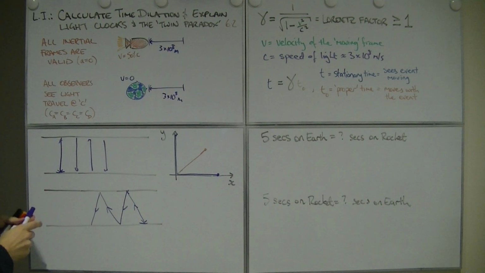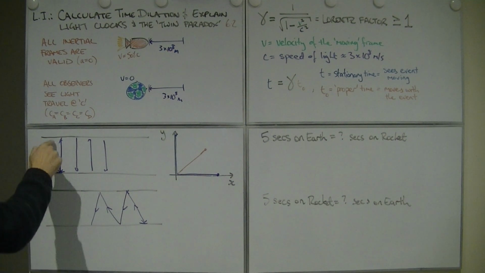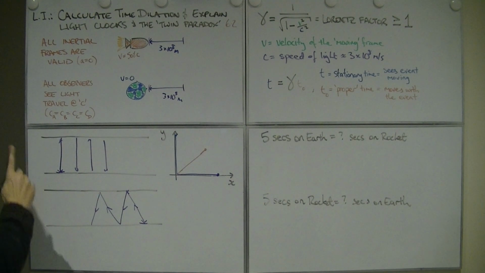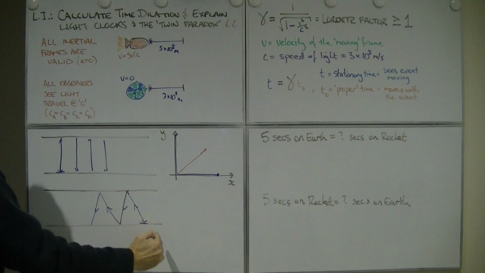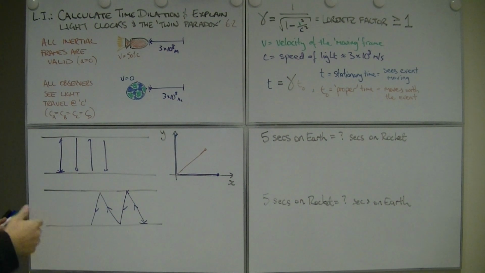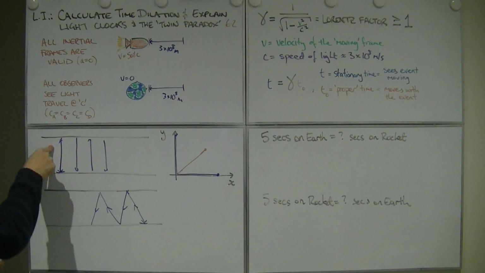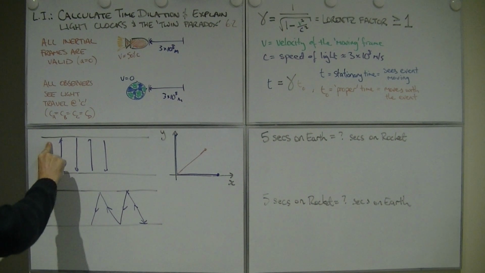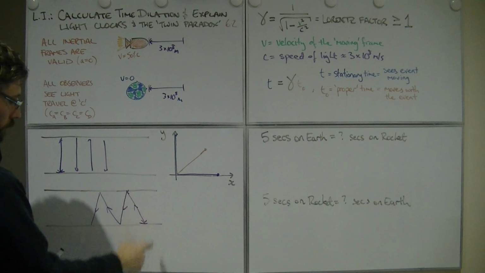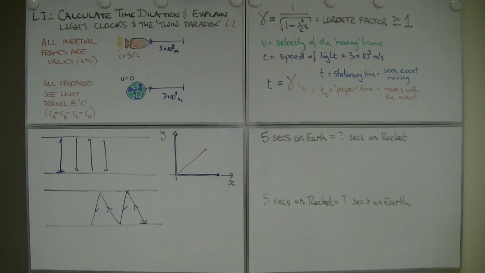Then in order to have a moment here, it needs to travel straight up and down. But to have that same moment here, it has to travel a diagonal, which necessarily must be longer. So 1 moment for the spaceship seems to be shorter than 1 moment for the clock on Earth. Well, that's interesting. How did that happen?